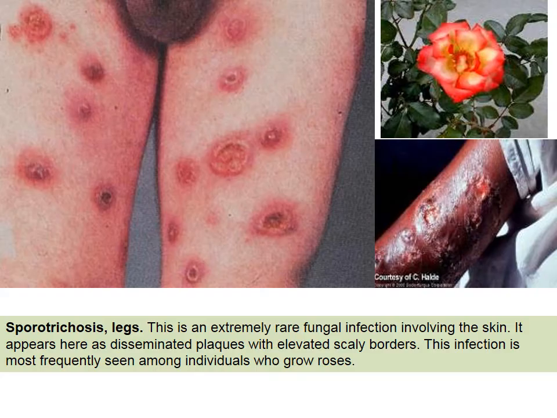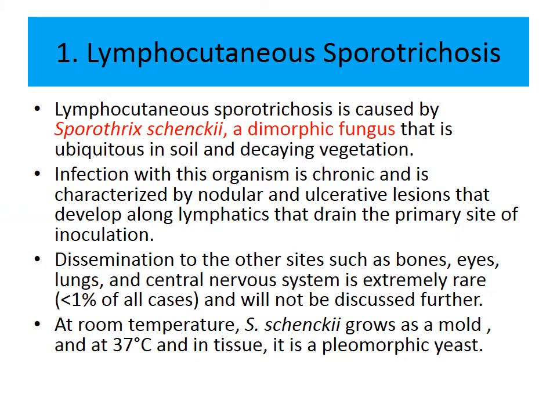Sporotrichosis of the leg, you can see a typical fungal infection that will affect people who handle roses. You can see a very mild form on this person over here, and a very severe form on the right-hand side where the lesions get deeper. This is how the clinical picture of lymphocutaneous sporotrichosis looks.